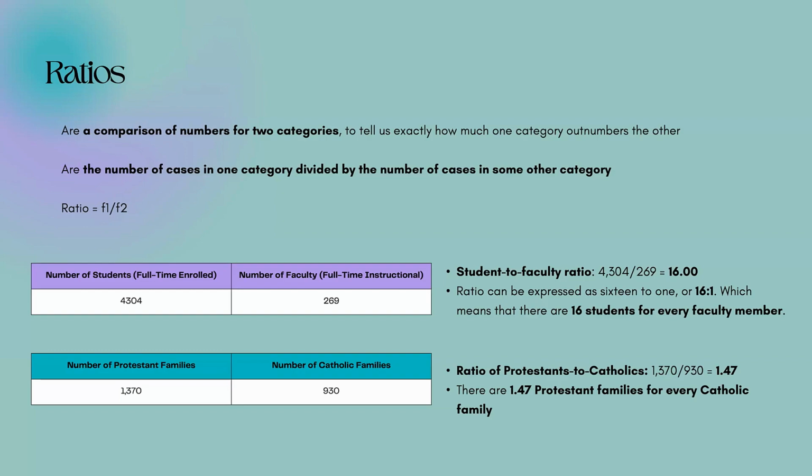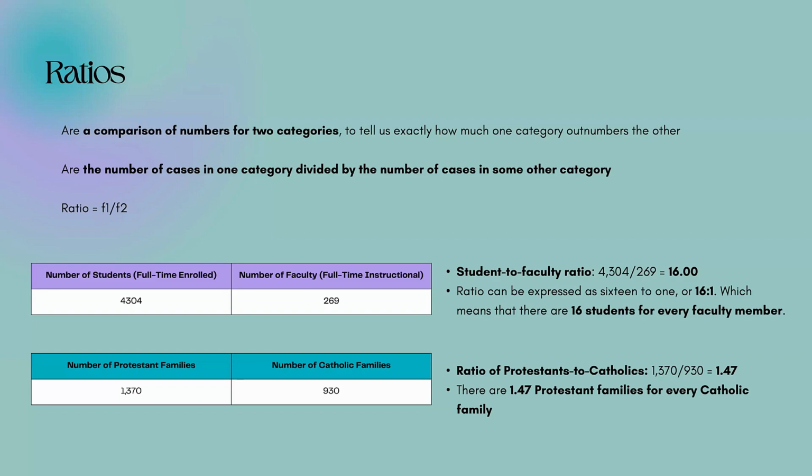For a ratio, we can explain it like odds, like, oh, you have a 4-to-1 chance to win, or a 2-to-1 chance to win. Right? Ratio can be explained here as 16-to-1. So that means there are 16 students for every 1 faculty member. Right? 16-to-1. We can do the same thing for the number of Protestant families as a ratio compared to the number of Catholic families.